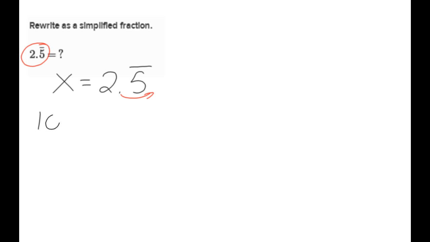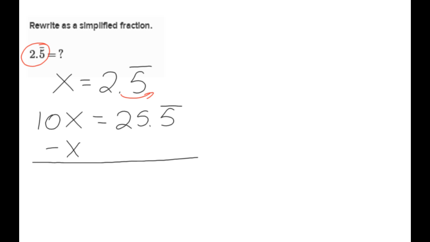So I get 10x is equal to 25.5 repeating. Now I can subtract my original number. I can subtract x on this side. And what is x equal to? X, remember, right above it, is equal to 2.5 repeating.